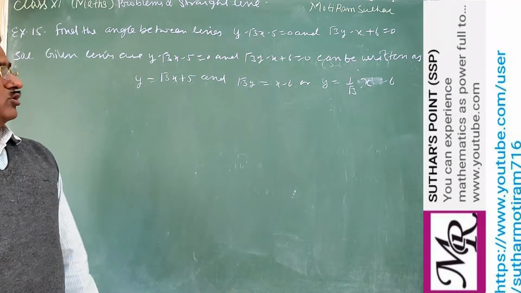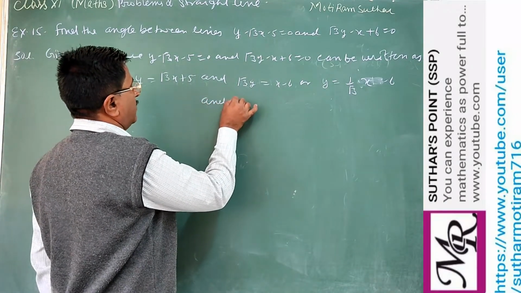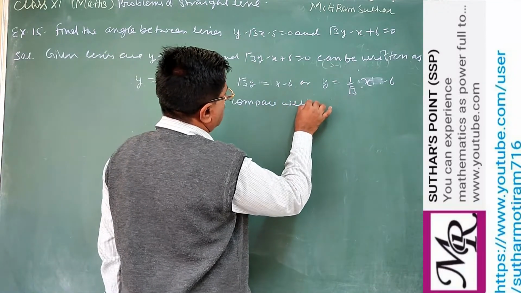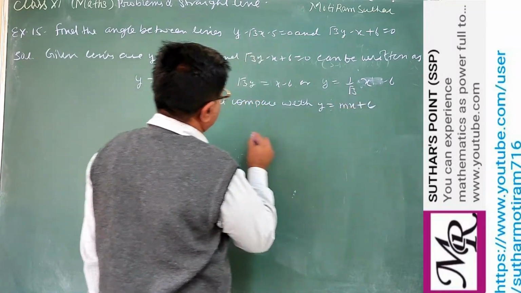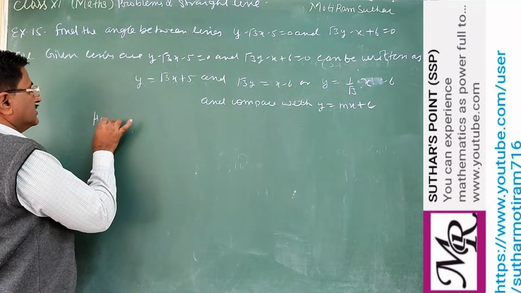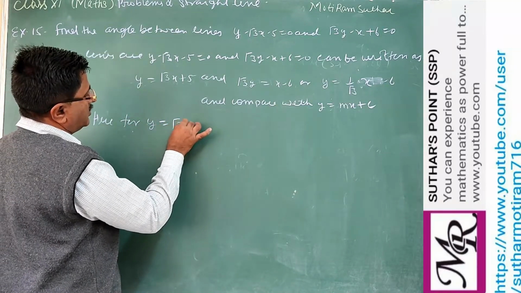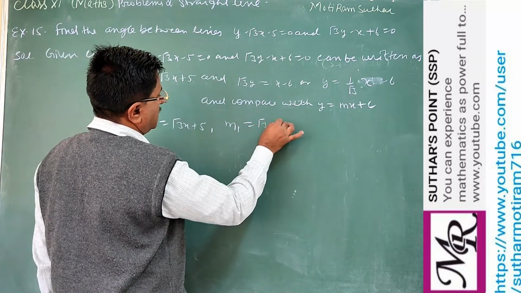So in this way both the lines we have to rewrite in slope form and compare with y equal to mx plus c. So for the first line, y equal to root 3x plus 5, the slope of this line is root 3.